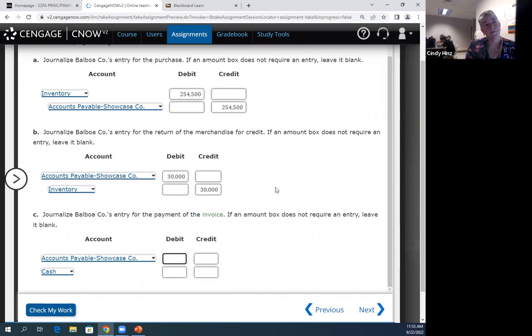So now the numbers match. I thought they were changing something on us. So they originally owed 254,500, but they got a credit memo for 30,000. So just like in the previous exercise, now that I read that correctly, the amount that they are actually going to pay is the 224,500, same as in the previous exercise. They did not change something on us.